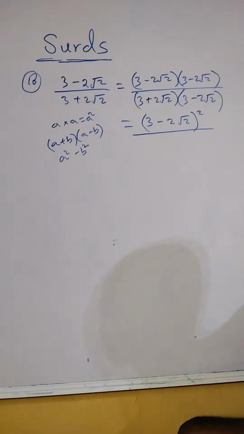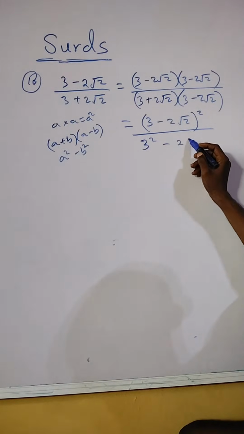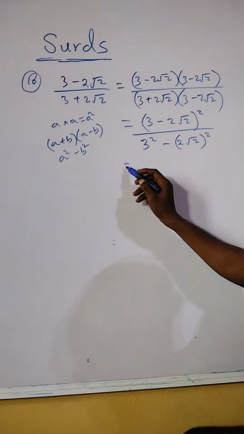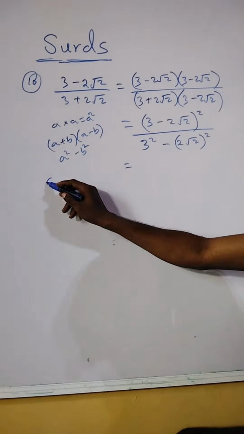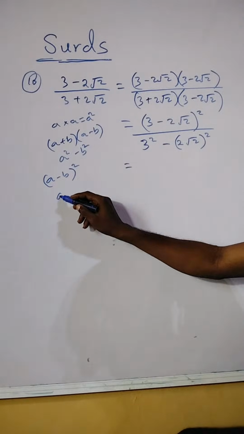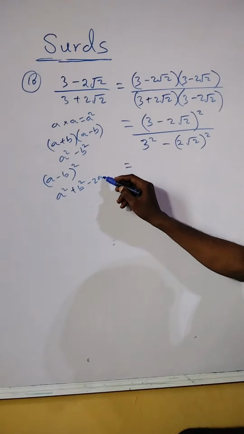That is, a here is 3, that's 3 square, minus b is 2 root 2, that's 2 root 2 all squared. Then the expansion here also follows, when we have (a minus b) all squared, we can express this as a square plus b square minus 2ab.